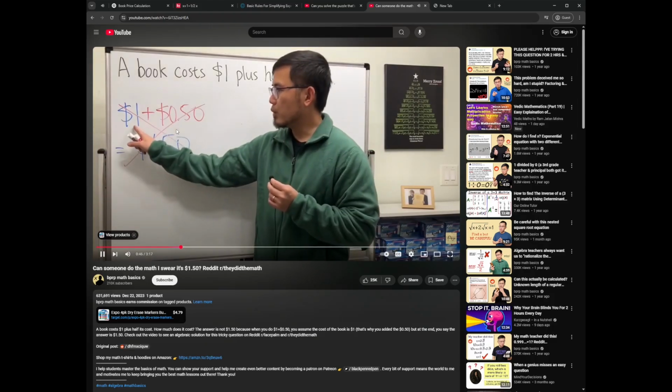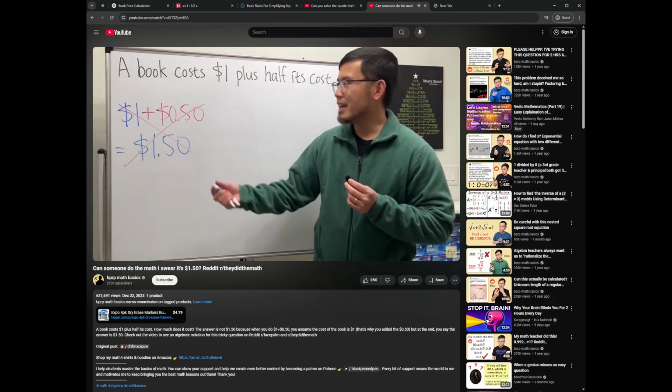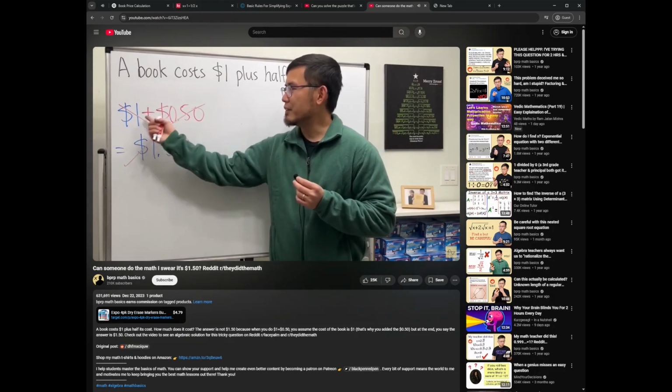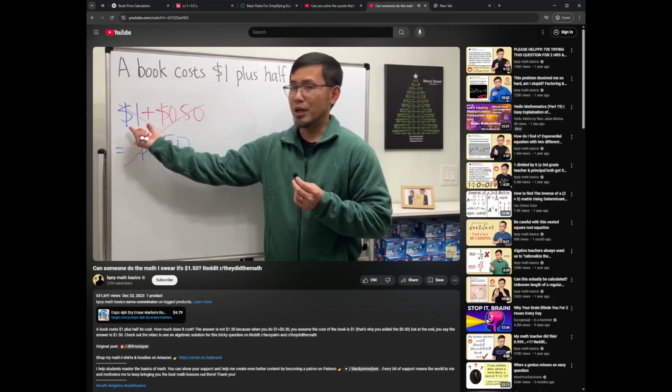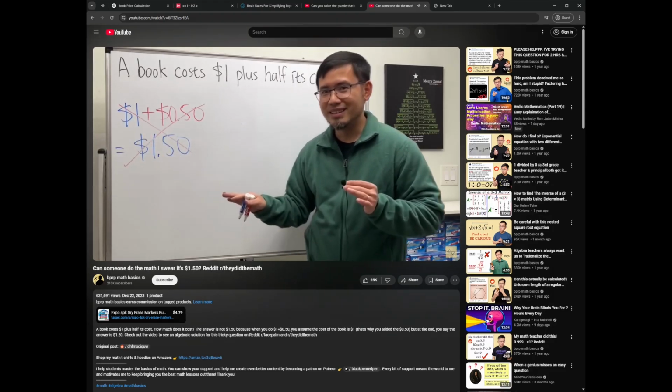The moment you put down 1, you're assuming the book costs $1 already. That's why you did the plus 50 cents, right? Half of its price. So it should have been $1, but you're saying that's 150. That's wrong, right?